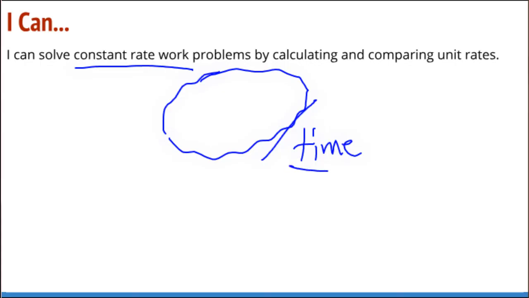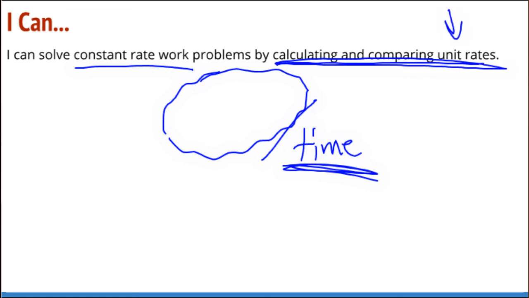Something happening over this period of time. And we can solve these constant rate work problems by finding unit rates, getting it to a per one, and then making the comparison. And of course, I left the learning target slide off, and we've looked at working with unit rates, finding unit rates, making comparisons.